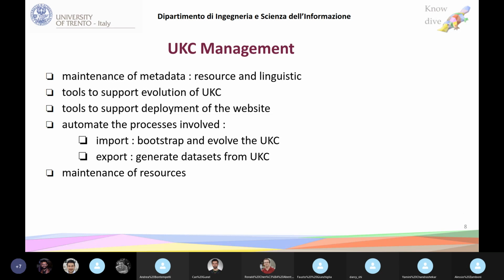And the final component would be the maintenance of the resources, all the variety of resources that are mentioned throughout the seminar. As we have seen, it contains a large number of resources, and these resources are not limited to this version.